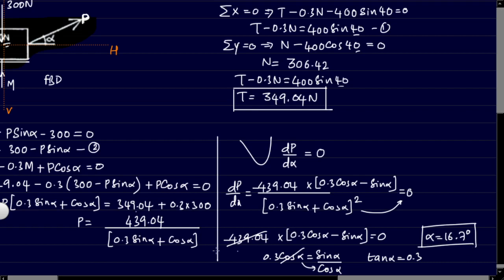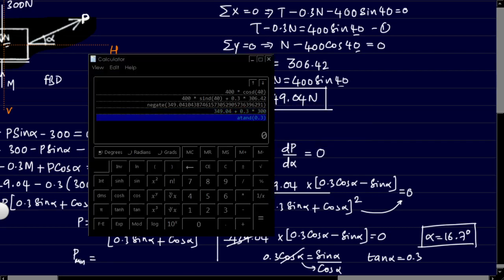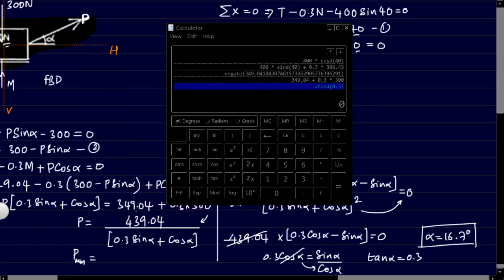Now substituting back this value in this equation, we will get the minimum value of P, and let's go ahead and do that. So 439.04 has to be divided by a long value.